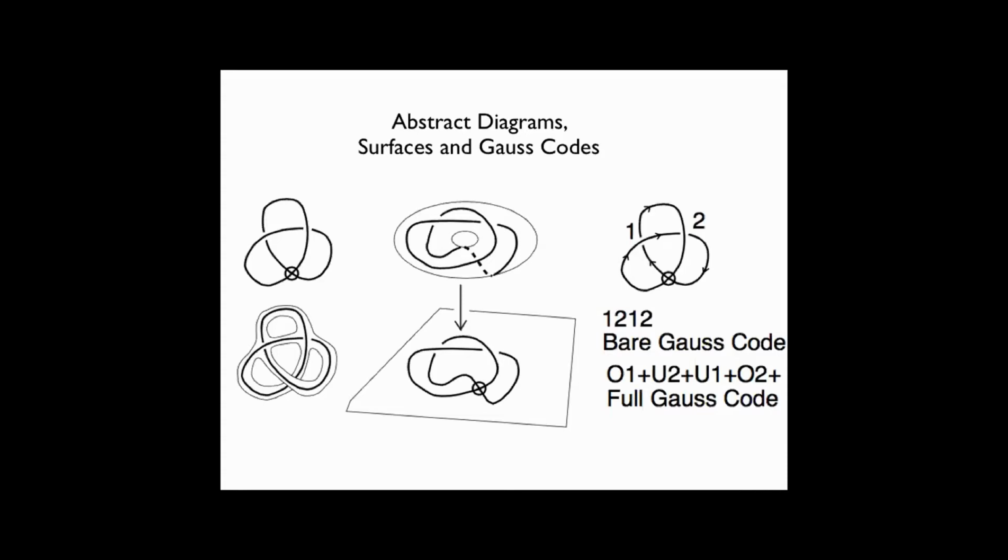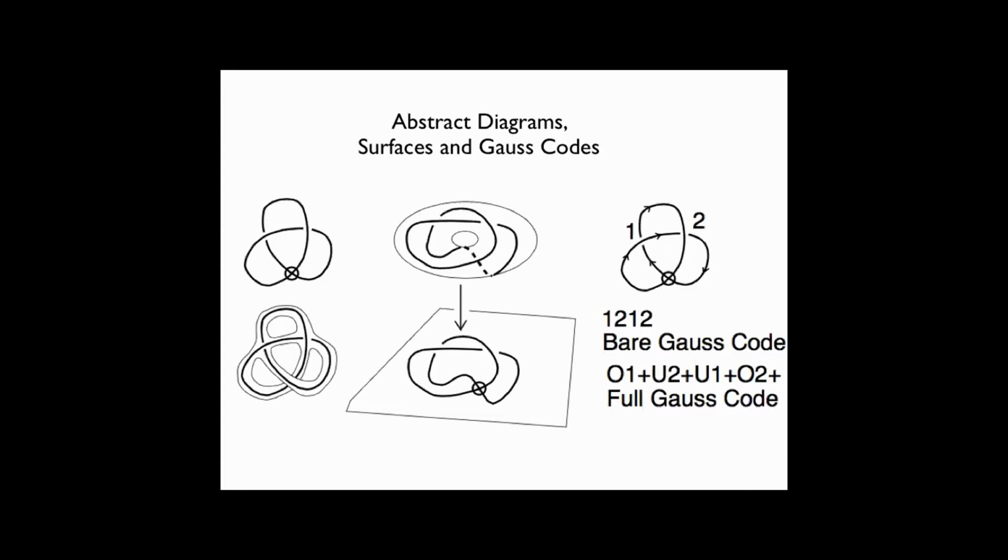And at a virtual crossing, I take two strips that are independent of one another, one for each of the lines that crosses. Of course, when I make a drawing of this, I have a tendency to draw one of those strips over the other, but that's an artifact of drawing as though it were in three dimensions, when in fact the surface that I produce is meant to be an abstract oriented surface.